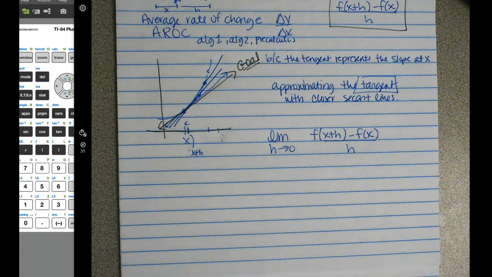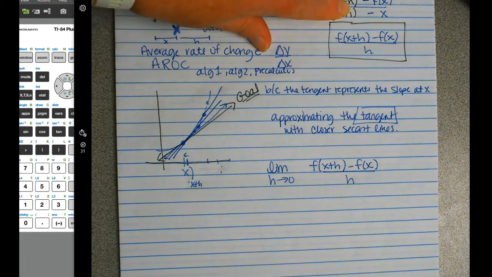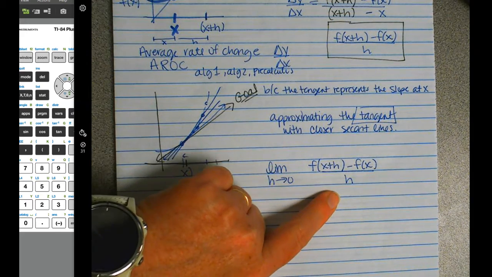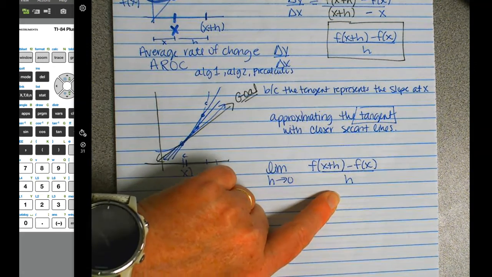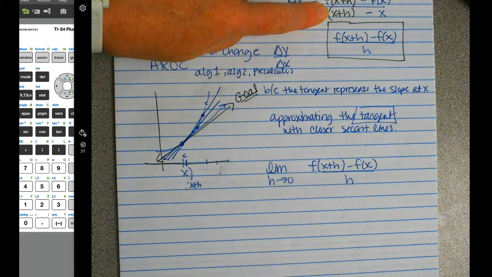That is the tangent line problem, but I also want you to see that h is not an arbitrary thing that somebody stuck in the bottom of a difference quotient. It came from up here. It came from this, but the x's canceled out. So I don't want you to forget that, because otherwise this seems totally like an arbitrary thing that you're trying to memorize, when all it is is y minus y over x minus x. It's just that this x includes the h.